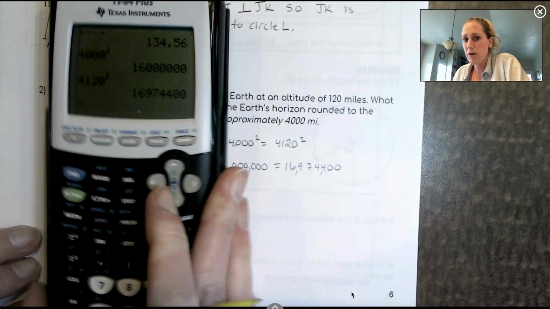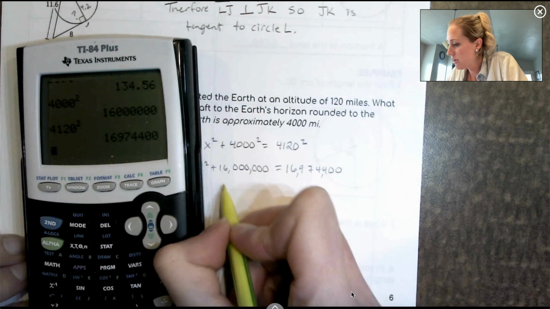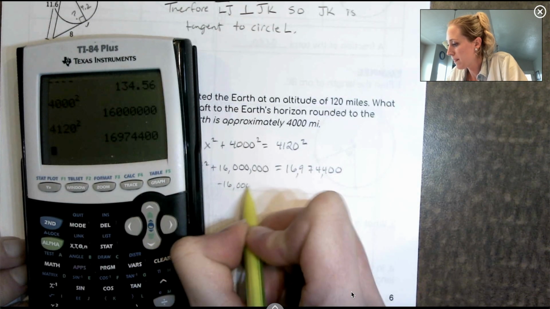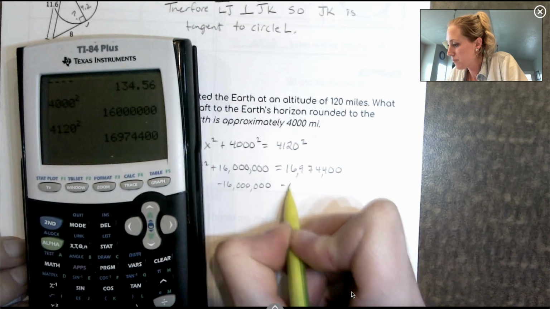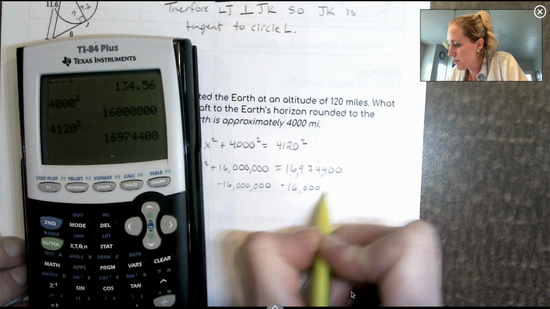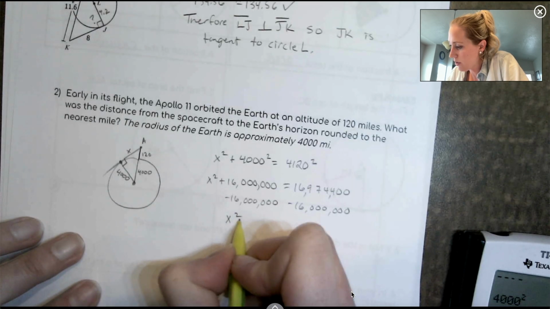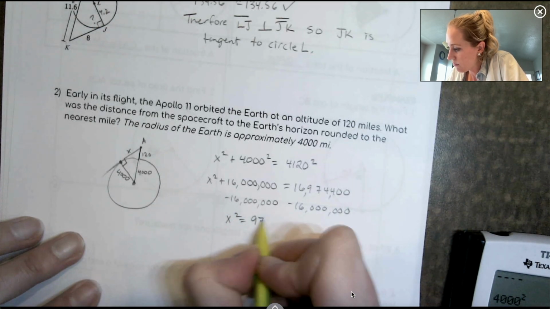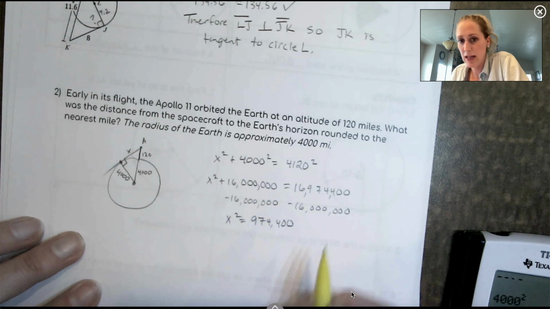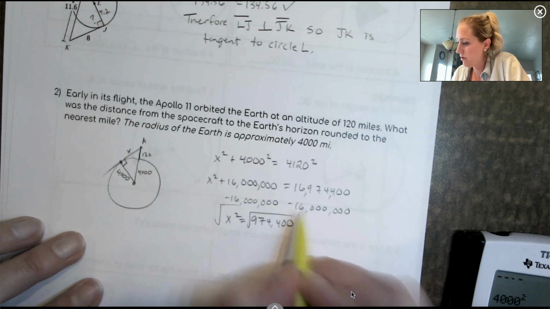All right, so now I'm going to subtract that 16 million. And we're left with x squared equals 974,400.